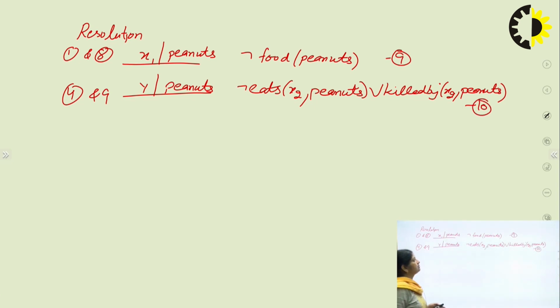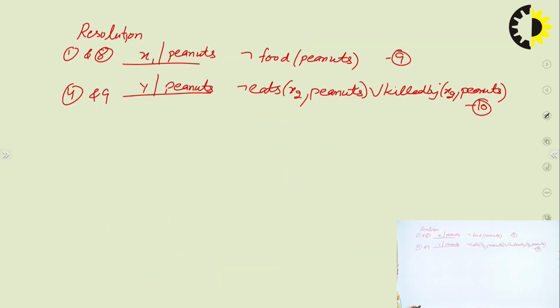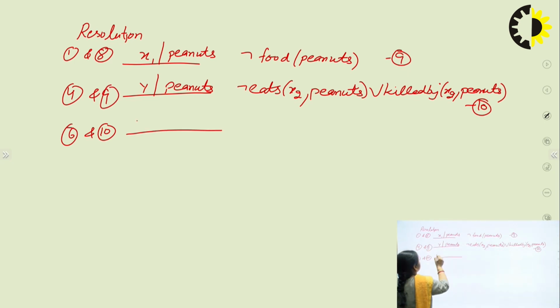Now if I see what is there? Killed by X2 peanuts, and in one place I have not of killed by Bill peanuts. It means 6. So X2 can be unified with Bill. So from 10 and 6, X2 can be unified with Bill.